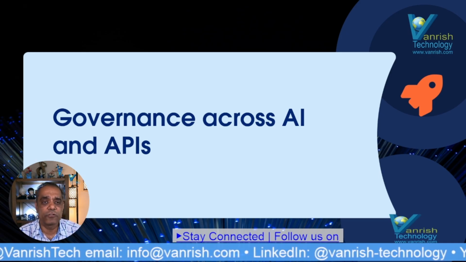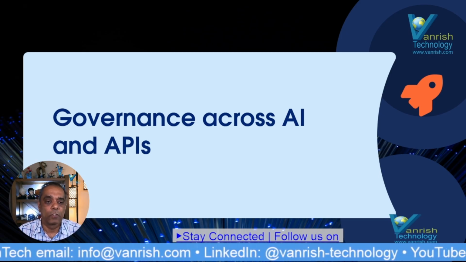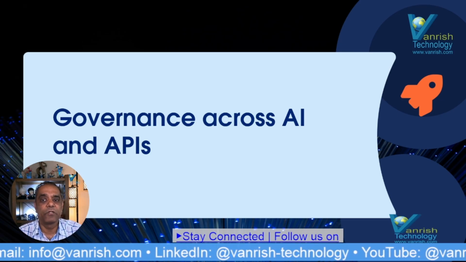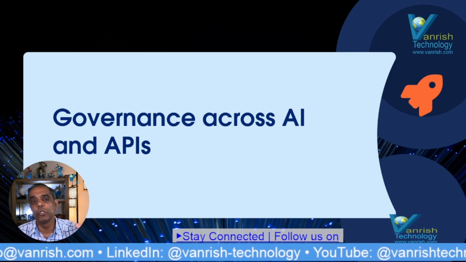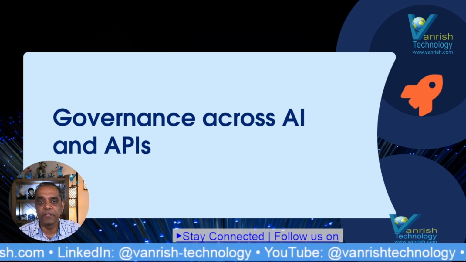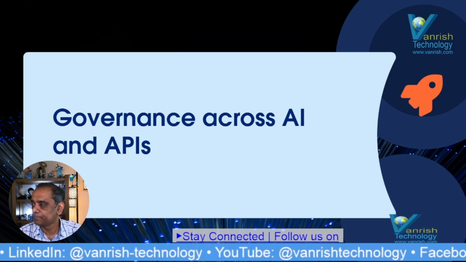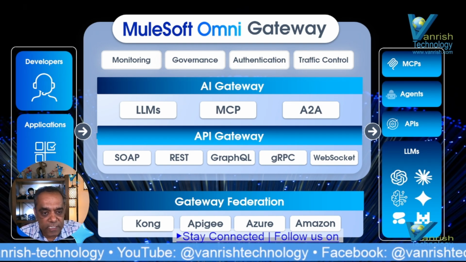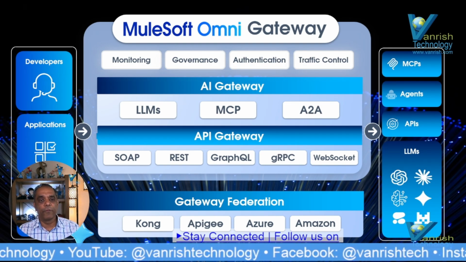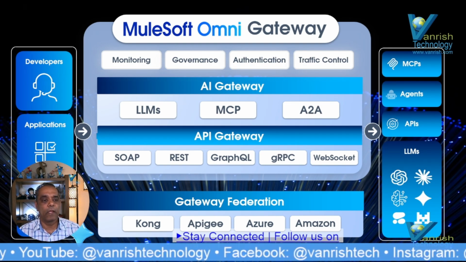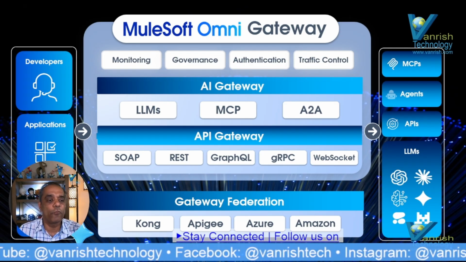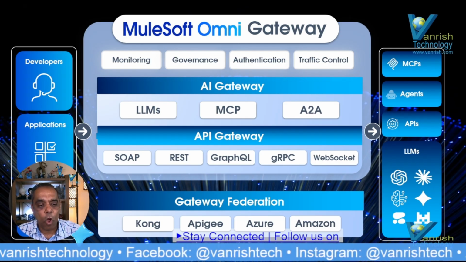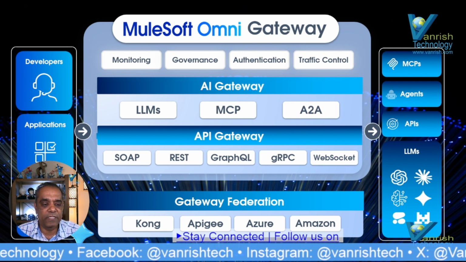So, governing across AI and APIs. Let's deep dive into how it looks when you see everything in one plane. This is a picture where we incorporate everything in one place. If you look at the bottom, Kong, Apigee, Azure, Amazon, everything is in gateway federation.